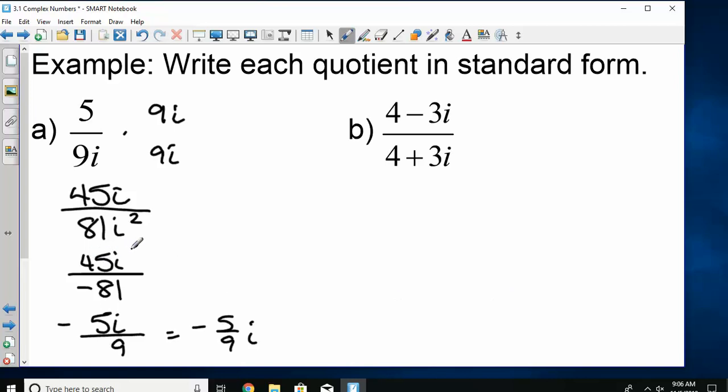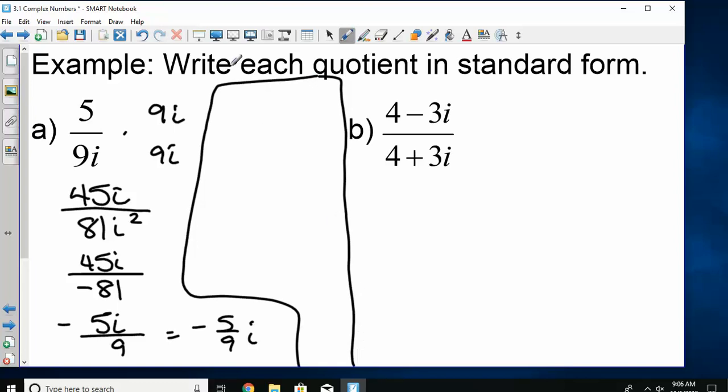But in the beginning, you could just multiply by i. Yes. So the second option, we multiplied by 9i, and we had to reduce later on. We could have just multiplied by i on top and bottom. So then you would get 5i over 9i squared.